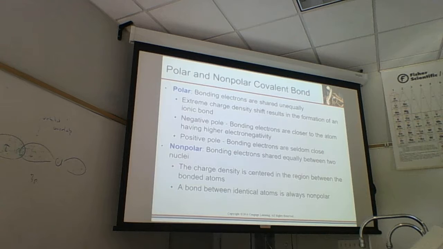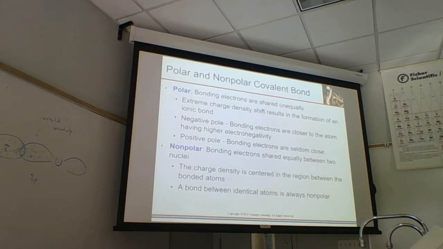But this covalent bond is a little different than the previous covalent bond, because in the previous covalent bond, we put chlorine against chlorine. And chlorine against chlorine is going to result in something that looks like this, as far as electron cloud density goes. We got two electrons in here.